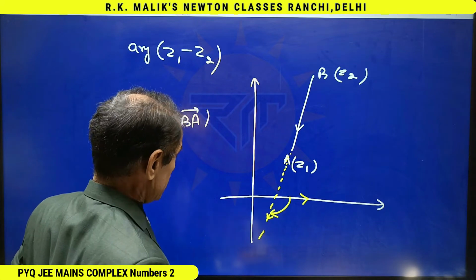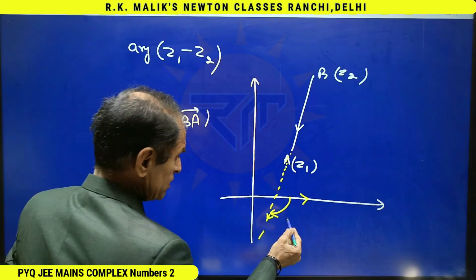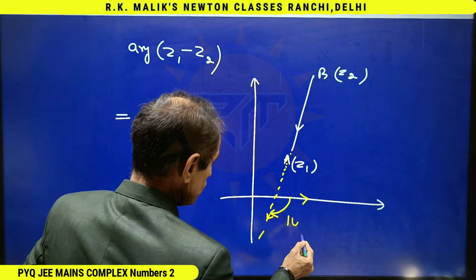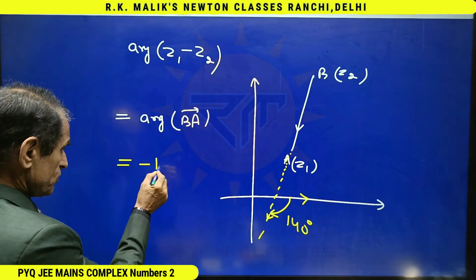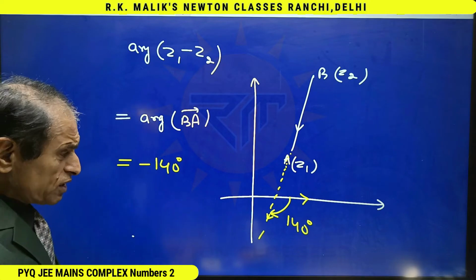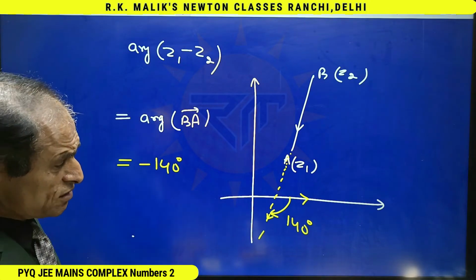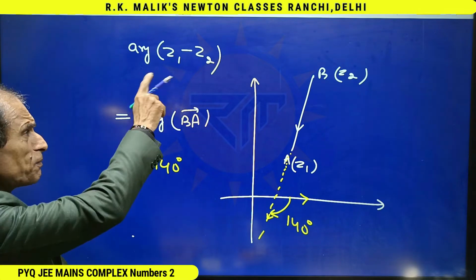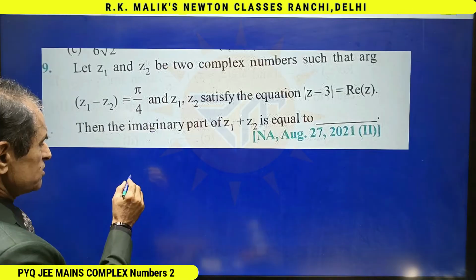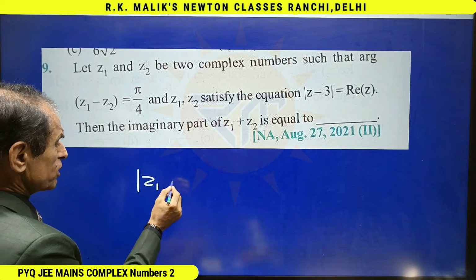Whatever this angle is, suppose this angle is say 140 degrees, then argument of BA vector will be minus 140, because the direction is clockwise. This is the geometrical meaning of subtraction of two complex numbers. This thing you already must be knowing.